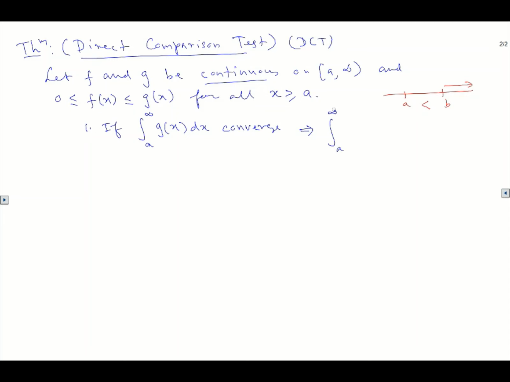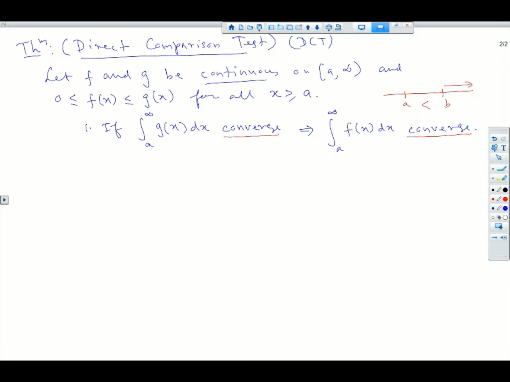If the larger area is finite, then the smaller area has to be finite. It's a kind of obvious result. So the integral from a to infinity of f(x) dx also converges. If the larger one converges, the smaller one converges.